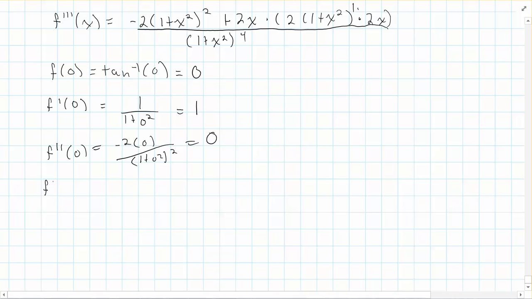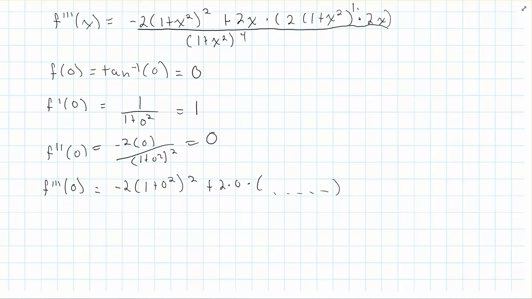So f triple prime at 0 would then be equal to negative 2, 1 plus 0 squared squared, plus 2 times 0 times, and I'm just going to go gunk here, because I don't have to write any of that down. I've got 2 times 0 times all of this garbage here, which we know is going to be 0, because I'm multiplying by 0.